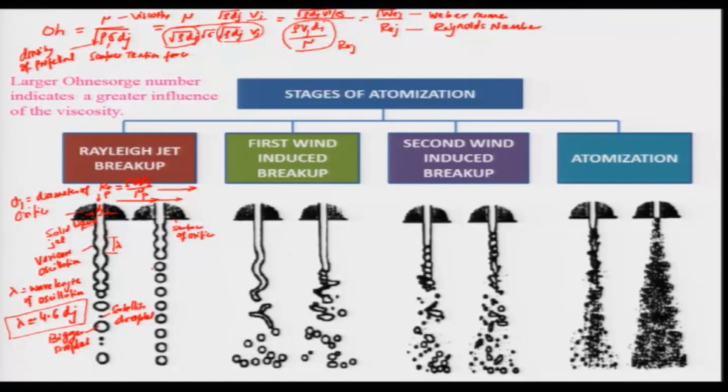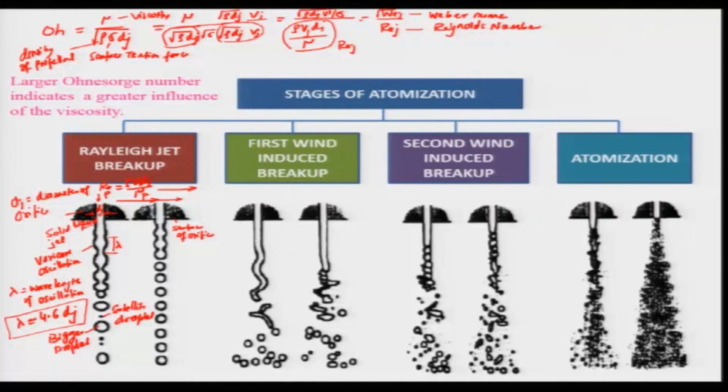As a result, the droplet or ligament is separated from this oscillating liquid jet, and there are no satellite droplets because it is not dripping. It is now breaking due to the higher velocity, and again this size will be of the order of the jet diameter.